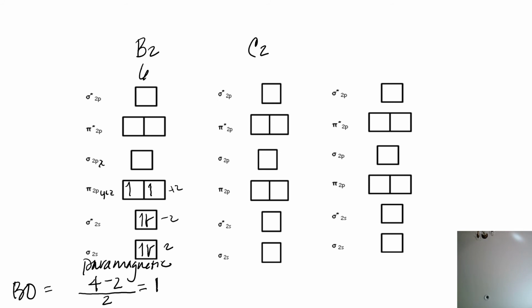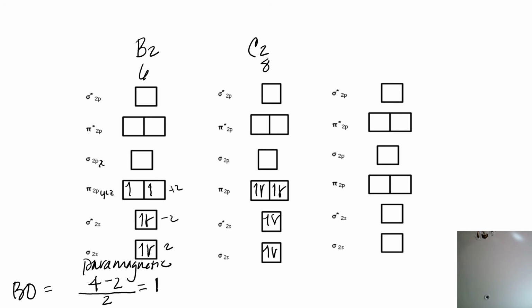Now let's look at C2. Each carbon atom has 4 valence electrons, so we have a total of 8. Again, we start filling our molecular orbitals, filling orbitals of equal energy, 1 in each, before we start pairing. And in this case, all of our electrons are paired.